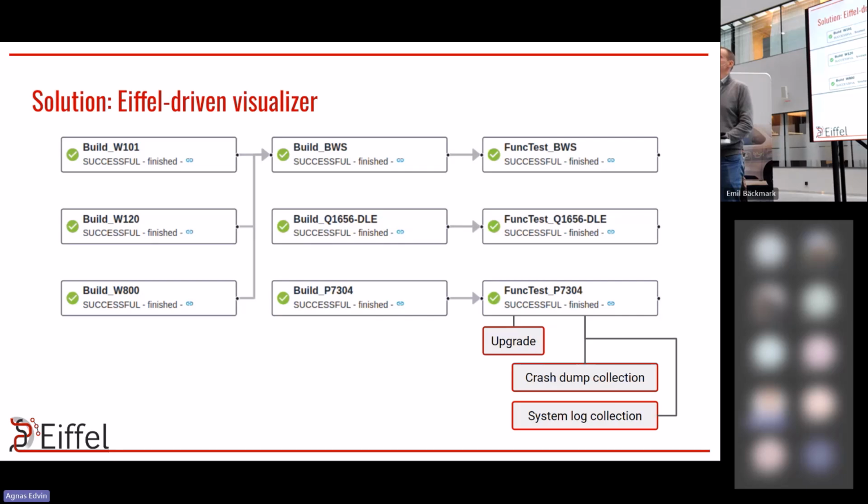Yes, in a way. This looks like just one instance of build and test execution, but we do use Eiffel for the whole daily releases of what's on the master branch, for example, and its promotion through the daily and weekly test loops, and how things progress there.